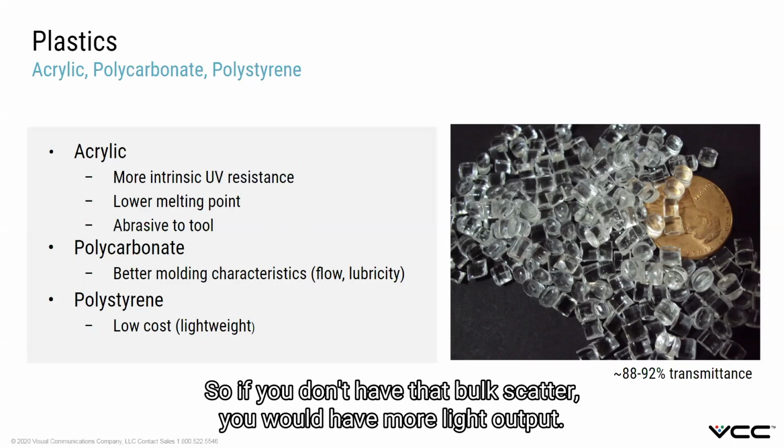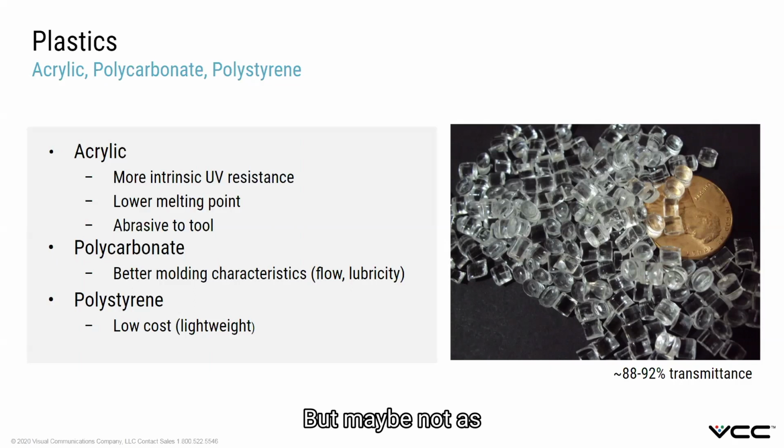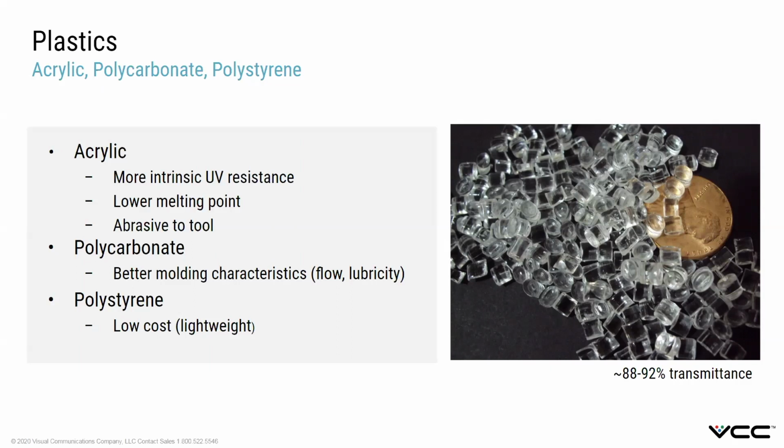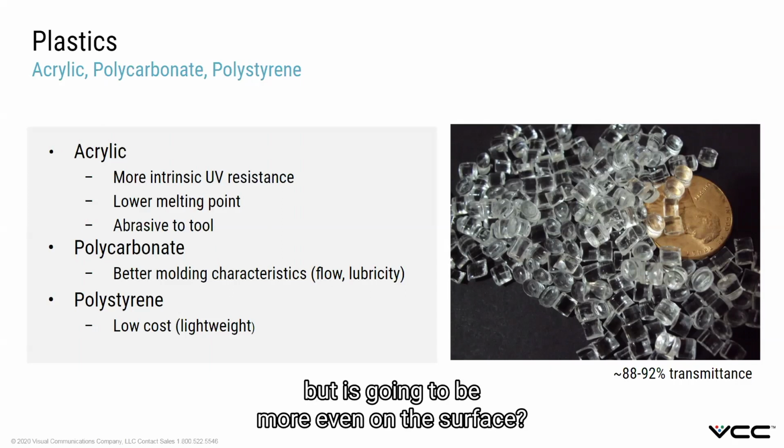If you don't have bulk scatter, you'll have more light output, but maybe not as even on the surface. If you add bulk scatter material, there will be less output in terms of light intensity, but it will be more even on the surface.